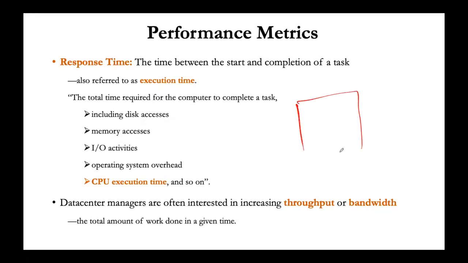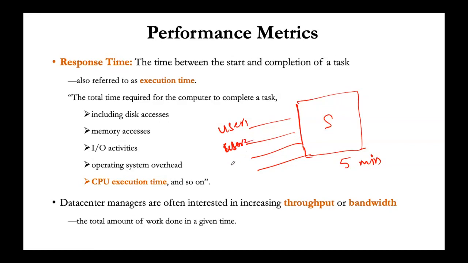For example, if I have a server for which only 5 minutes of time is given, and this server can be accessed by many users, user 1, user 2, user 3, and user 4, these users can give tasks: T1 given by user 1, T2 by user 2, T3 by user 3, and so on, for a single server with a time of 5 minutes.